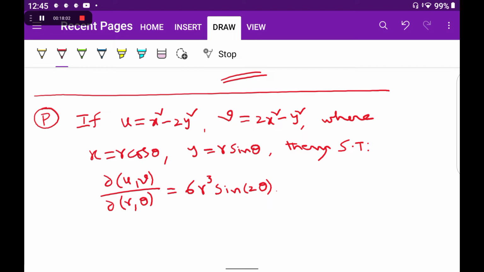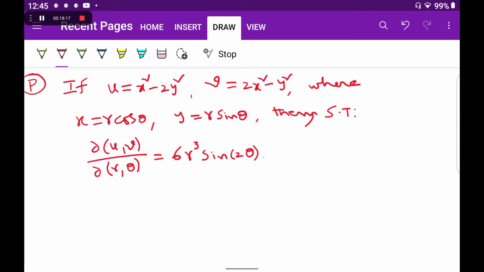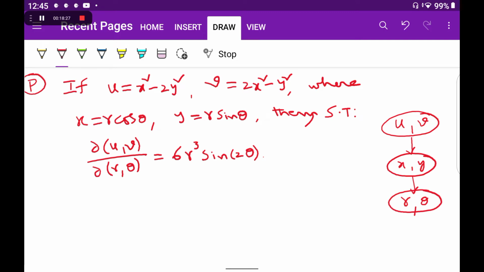See, this is not a 3 variable function, but this problem is related to the second property of Jacobians, which is chain rule. Because u and v are functions of x and y, and x and y are functions of r and theta.